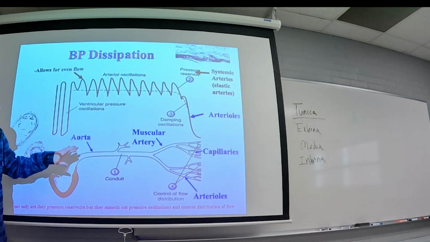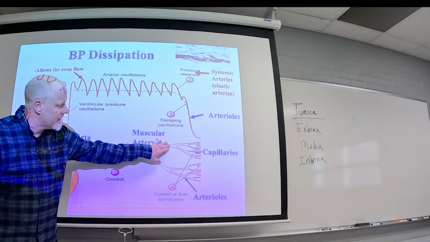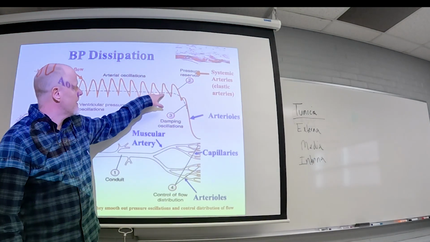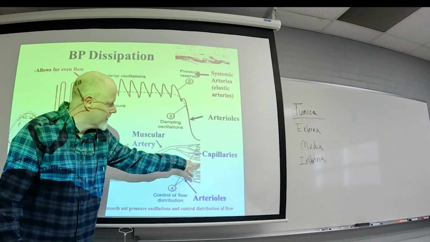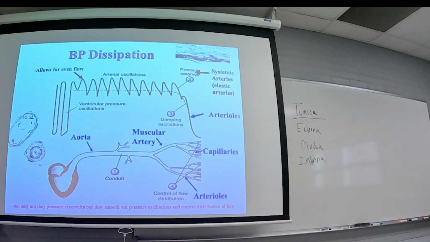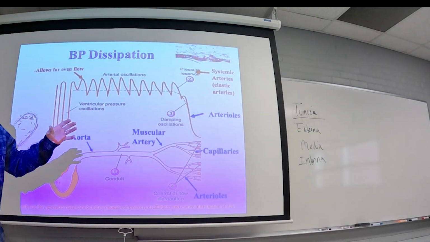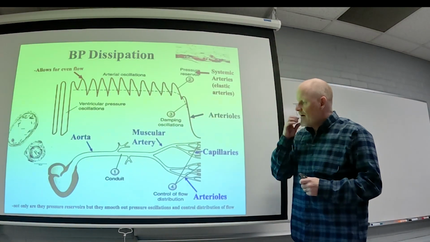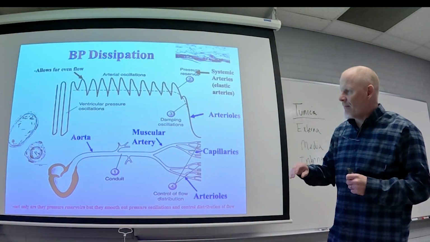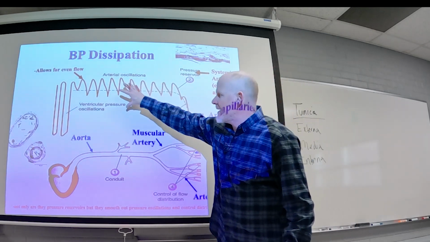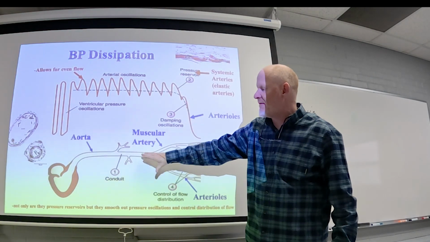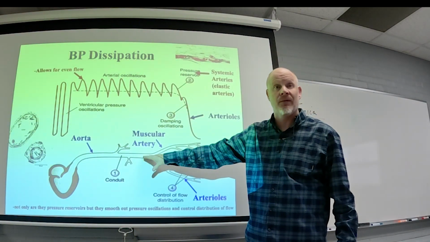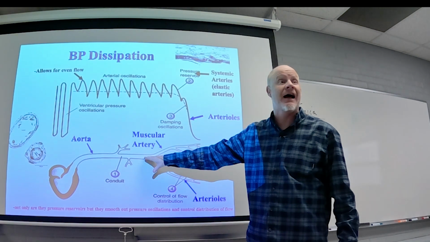So notice when you go from aorta to muscular arteries to capillaries, eventually when you hit the arteriole, you plummet. This is really important because your velocity changes, okay? So here's where velocity becomes important. Obviously, if I have really high pressure here and I have a really wide blood vessel, the velocity of the blood in the large arteries and veins is really fast.